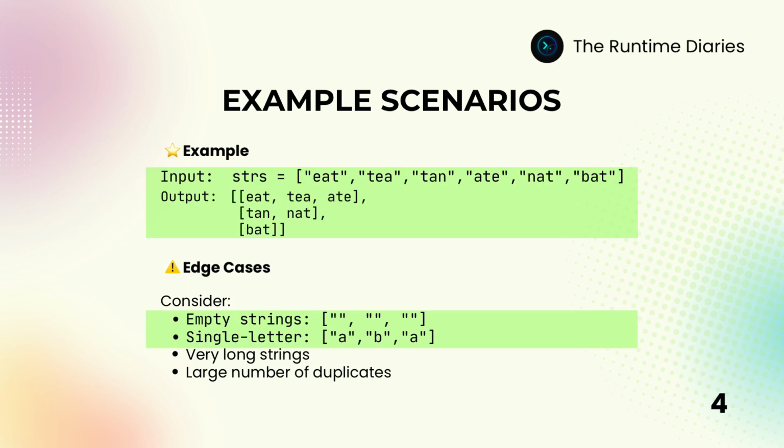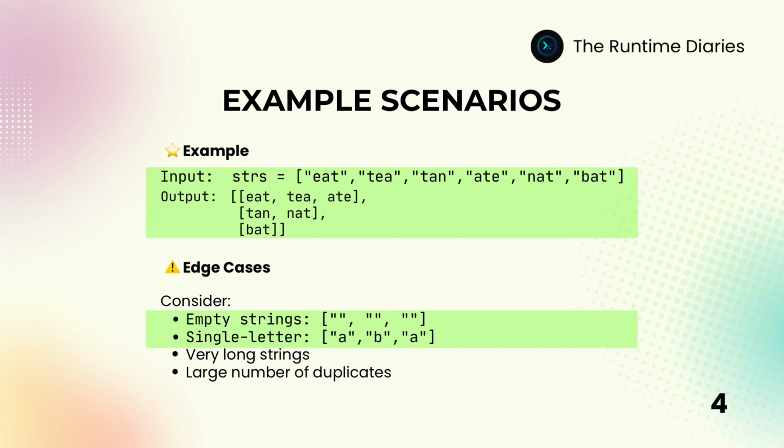Let's look at a real example. If the input is, from left to right in the array, eat, tea, tan, ate, nat, bat, your output would be groups like, from left to right in the array: group 1, eat, tea, ate; group 2, tan, nat; and group 3, bat.